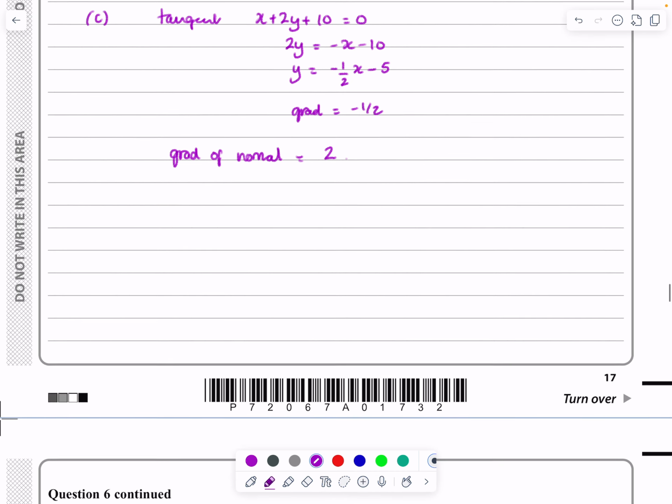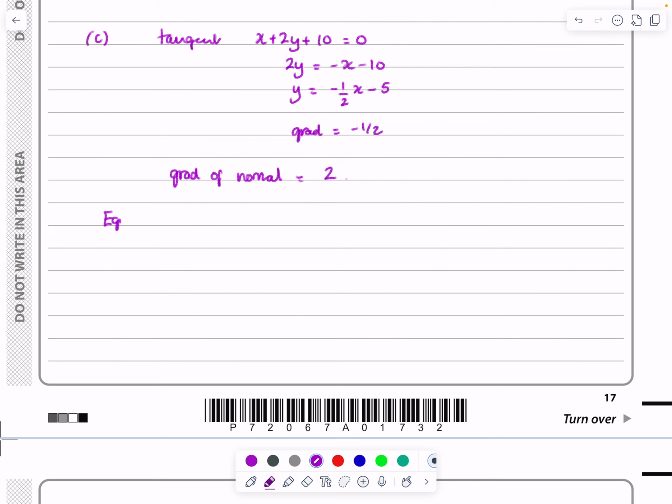Now if I want to work out the equation of the normal, the equation of any straight line is given by y minus y1 equals m times x minus x1, where I know what x1, y1 and m are. What's a point on the line and what's the gradient? Well, the point on the line is what we had previously: minus 6, minus 2, and the gradient I've just worked out is equal to 2, so I can substitute all that in.